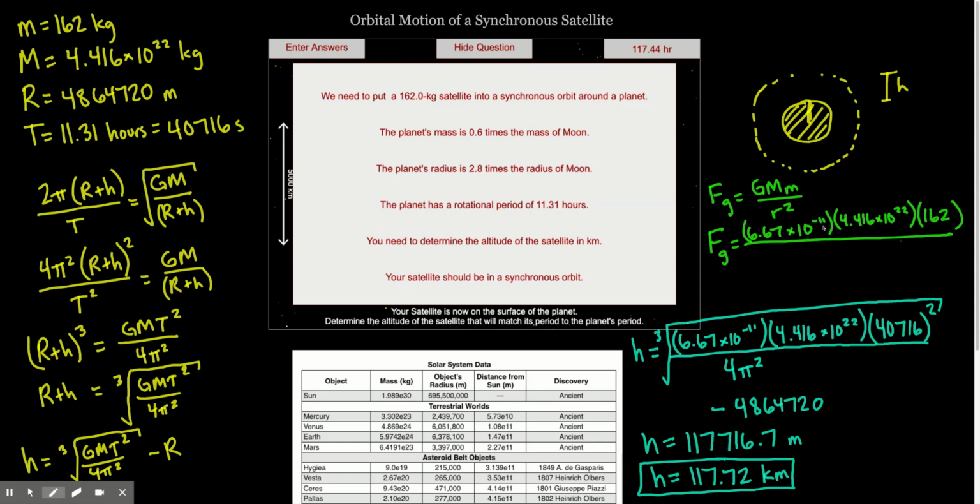Divide that by the radius of orbit in this case. So that's going to be, let's see here. What is the radius of the orbit? Did we calculate that? I guess we did.